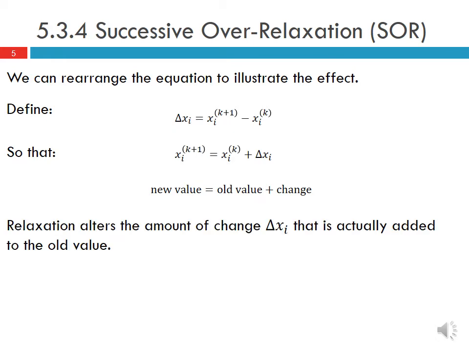Relaxation alters the amount of change delta xi that is actually added to the old value. So xi at iteration k plus 1 is equal to xi at iteration k plus omega times delta xi, where omega varies between 0 and 2 and is called the relaxation factor.